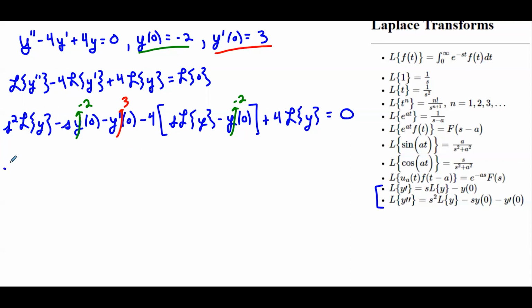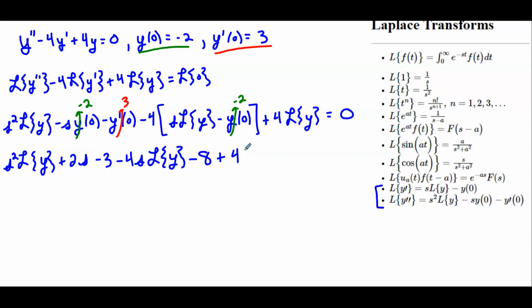So this becomes s squared Laplace transform of y plus 2s minus 3. Here I've got minus 4s Laplace transform of y, and then this is plus 2, and then times -4, that'll be -8. Then plus 4 Laplace transform of y equals 0.